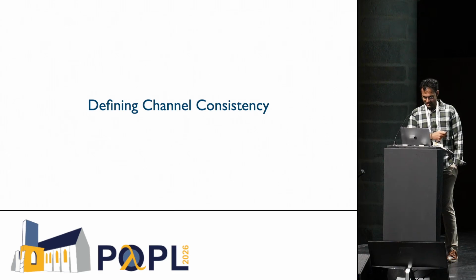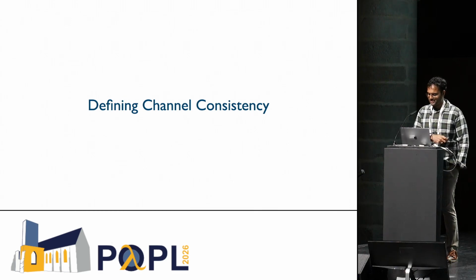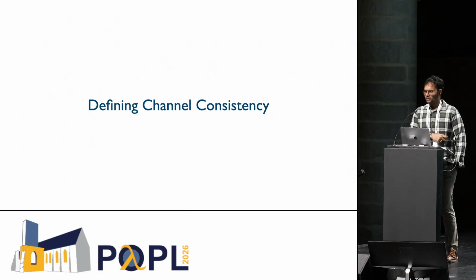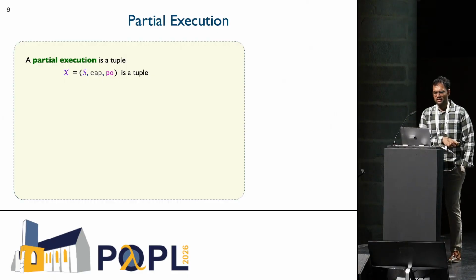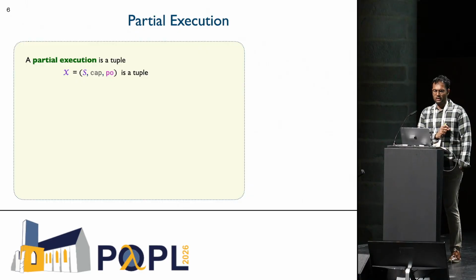Okay, so what is the setup? The setup is you're given a partial execution, so let me first define what that is. A partial execution is a tuple. It talks about a set S of events. Events can be either send or receive events.